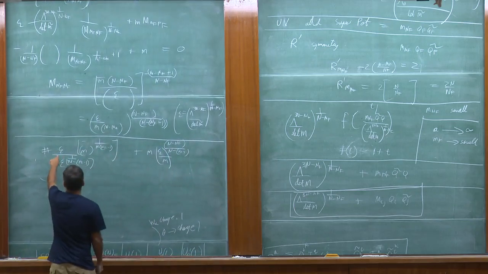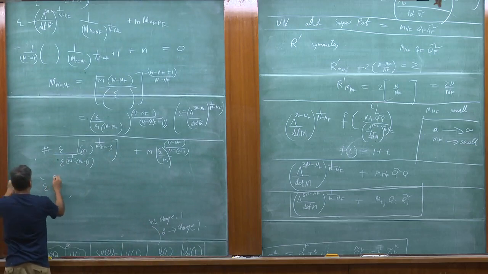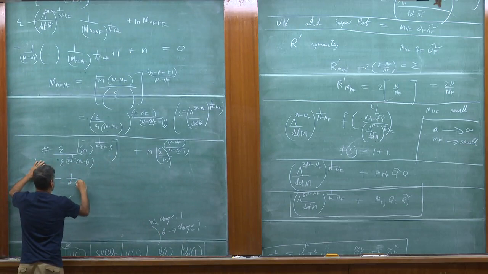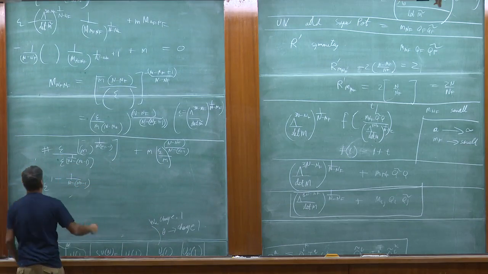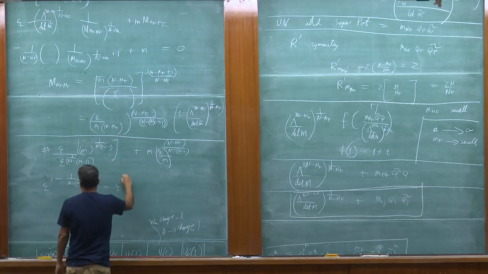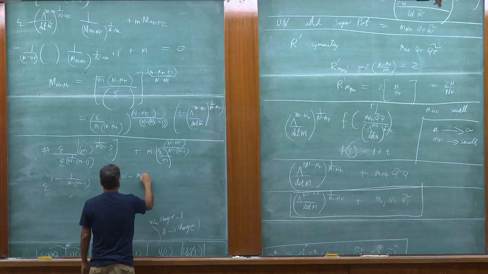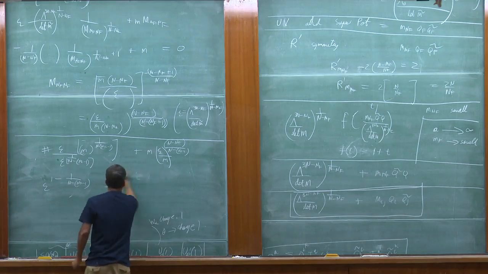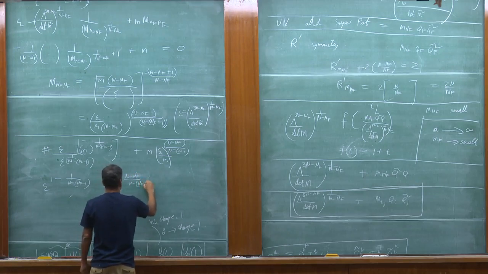So is this zeta power correct? Let's work out the zeta power. This is zeta to the power 1 minus 1 by n minus nf minus 1, which is equal to zeta to the power n minus nf divided by n minus nf minus 1.